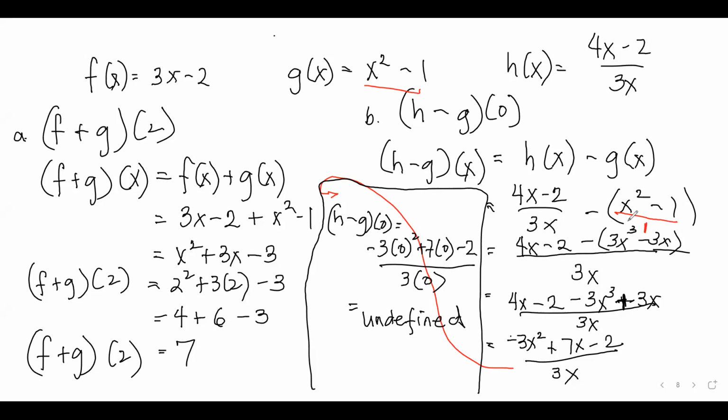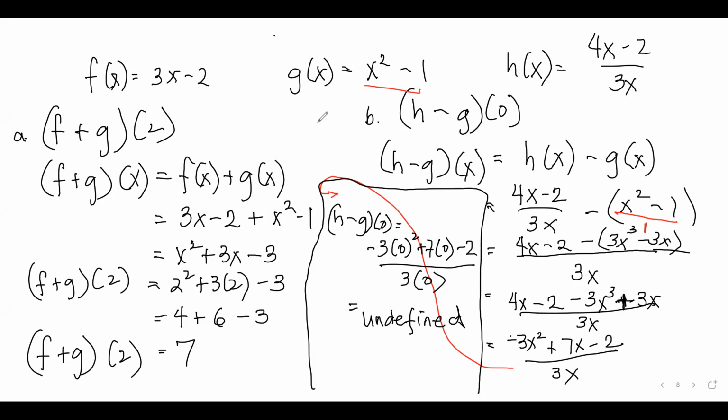Para masama natin siya sa fraction at para ma-minus natin siya, kailangan nating i-multiply yung x squared minus 1 ng 3x para masama natin siya sa denominator na 3x. Kaya 3x times x squared is 3x cubed and 3x times negative 1 is 3x. So, yun po. Kaya siya naging ganun. Nakuha, Lorraine? Opo, sir. Thank you po.